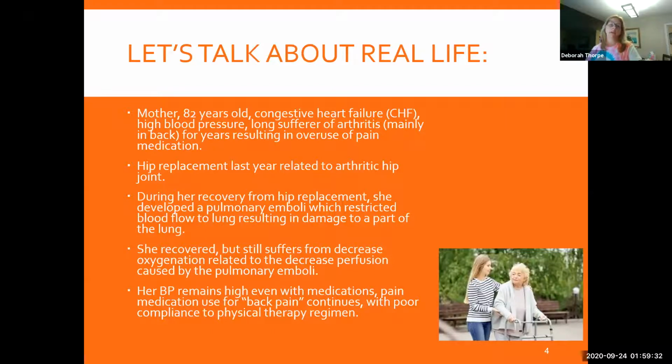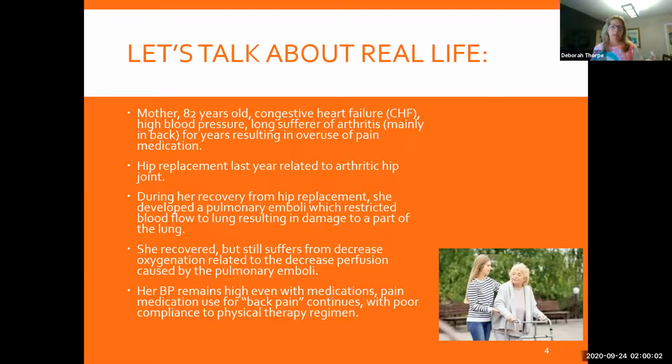I thought I would start out by trying to connect this to a real life situation. I think we all could probably think about people in our family that have different health issues going on. I picked for right now my mom, who at this point is 82 years old, and she does have congestive heart failure.